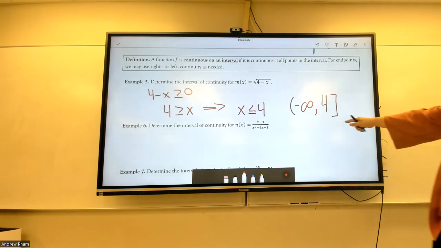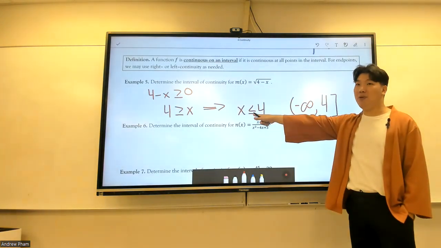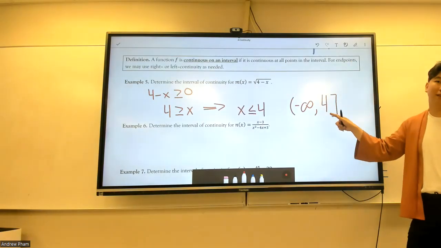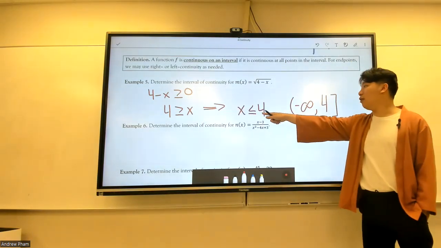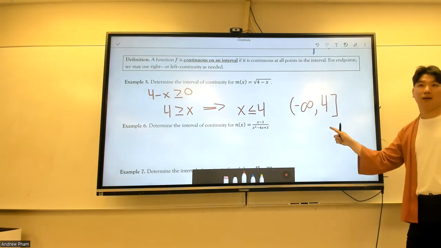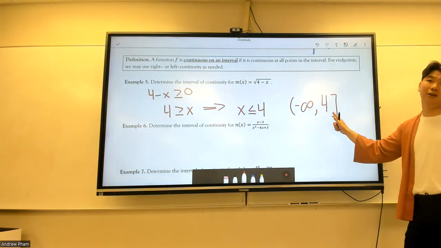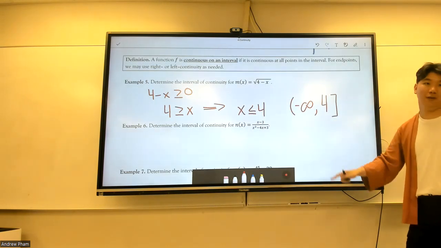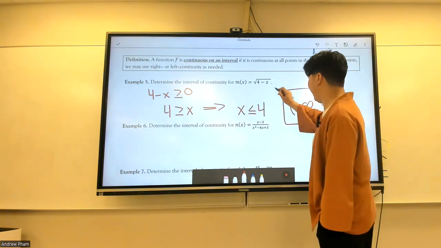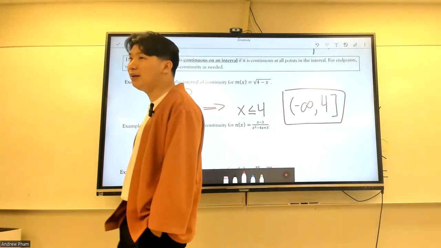Yeah, right here we have x less than or equal to 4. That little equal sign tells me I should put a bracket on the 4. If there was no equal sign here, then I would use a parenthesis, because this tells me I include 4 in my interval. All right, so I claim that this right here is my interval of continuity.